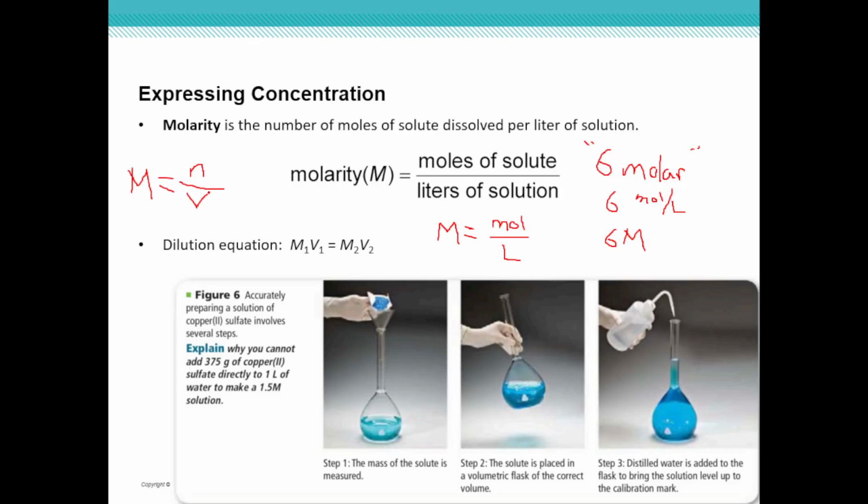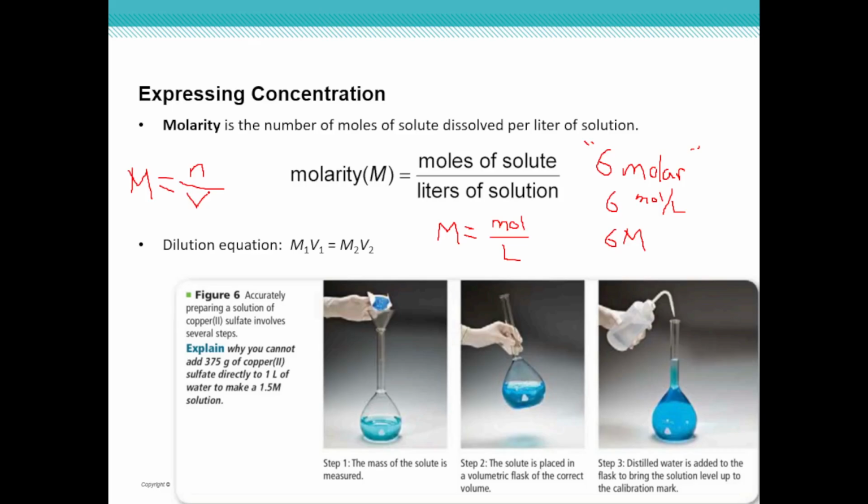And depending on the type of solution I'm making, the solutions may be more or less miscible. And there are some solutions where, for instance, if I add an alcohol to water, I can add 100 milliliters of alcohol and 100 milliliters of water, and when it's all said and done, it would be less than 200 milliliters, because the solvent molecules will actually be closer together with other solvents than themselves.